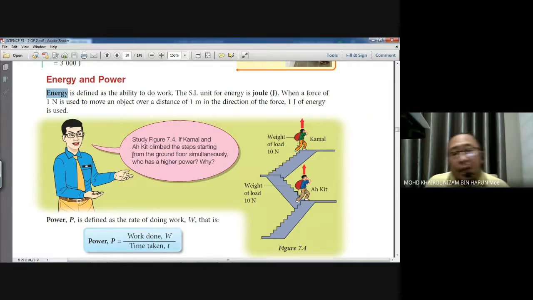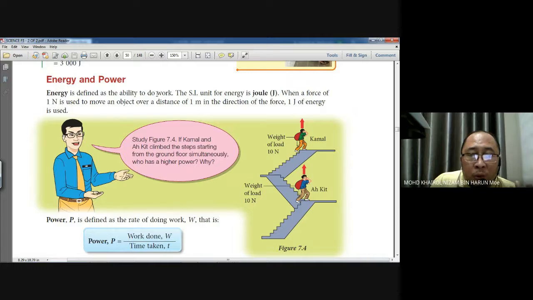Whatever work that we have done, exactly the value of the work that we have done is the same as the energy that is being used by us. So that's why energy is the ability to do work.